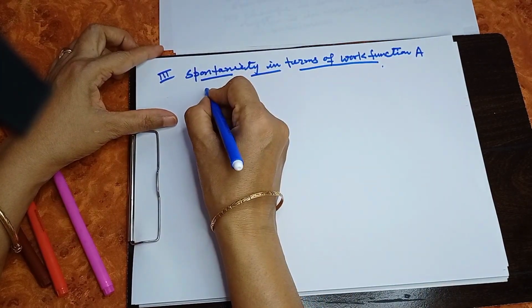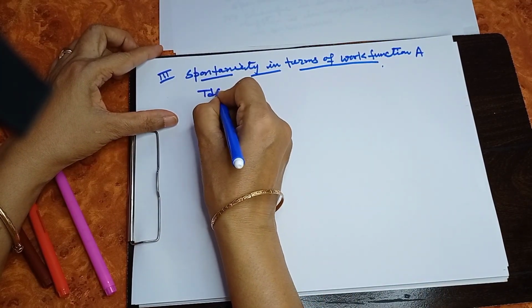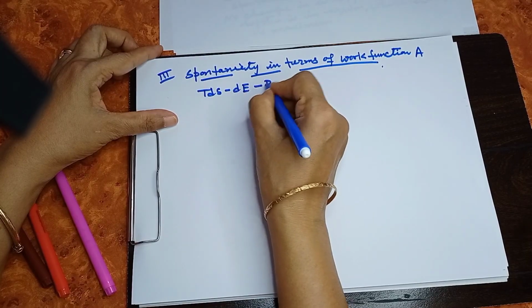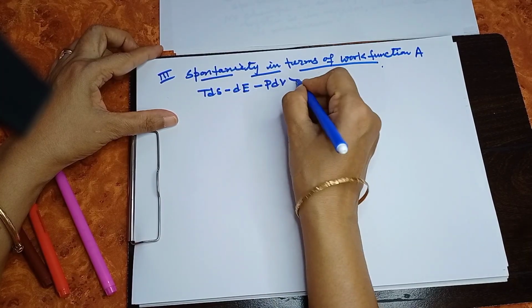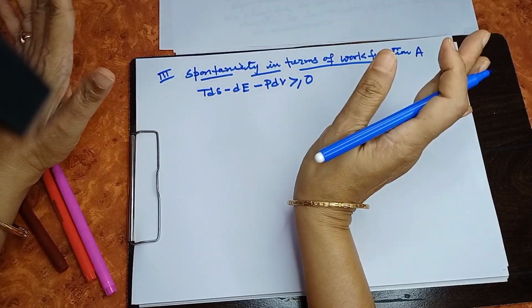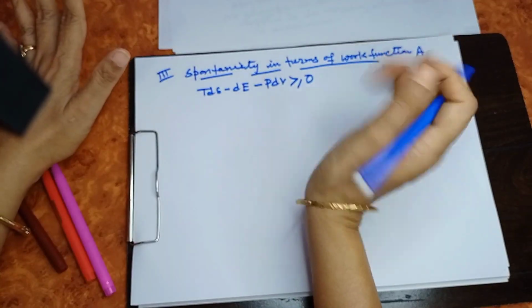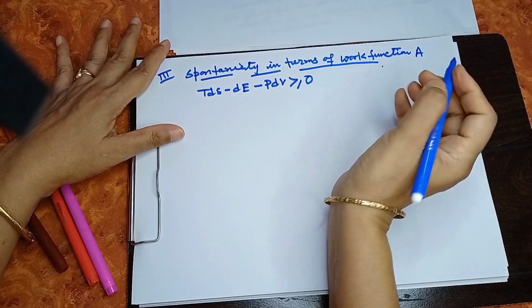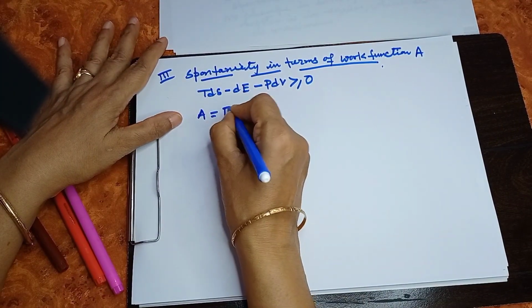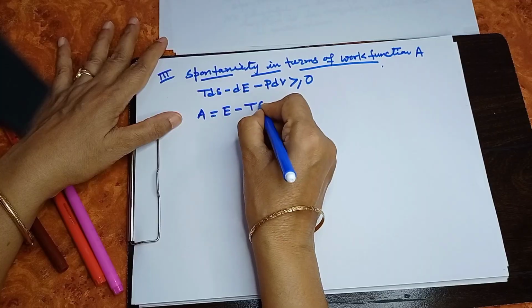So once again we write down the equation: TdS minus dE minus PdV greater than or equal to 0, which is the combined equation for reversible and irreversible. Now, work function: we know that A is equal to E minus TS.